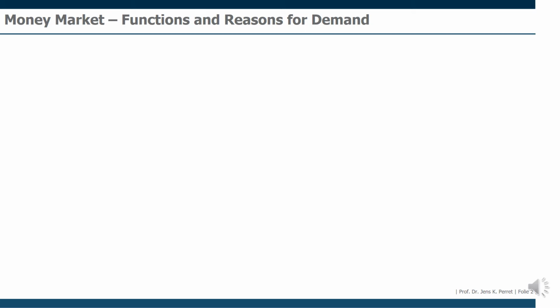Well, this only leaves us with money demand, and this is closely related to the different functions of money. So here I make a short overview about the three functions that any good which has to function as money needs to fulfill, and the demand motives for money, which, as I said, are closely related to this.